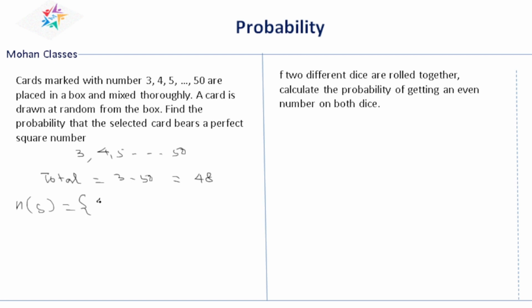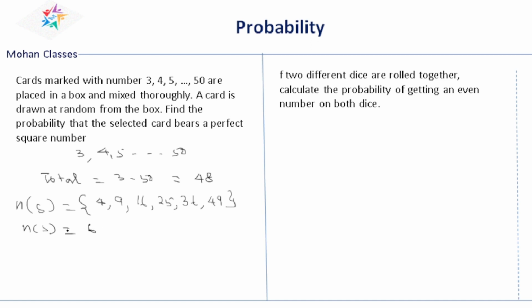We will get 4 is a perfect square, and then 9. After 9, what is the perfect square? We will get 16. After 16, 25, and then 36, 49. So that means what will n of S be? 1, 2, 3, 4, 5, 6.